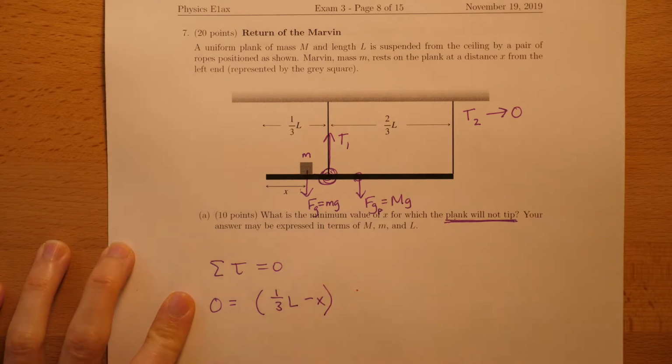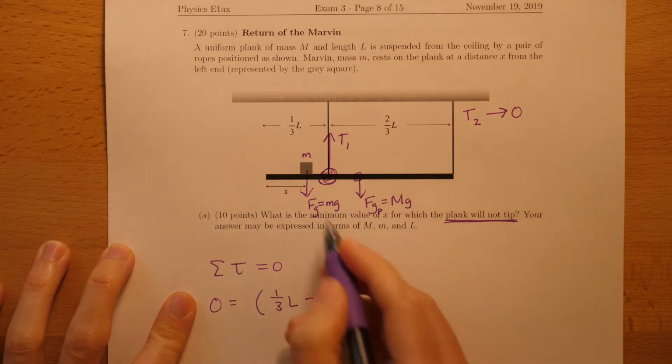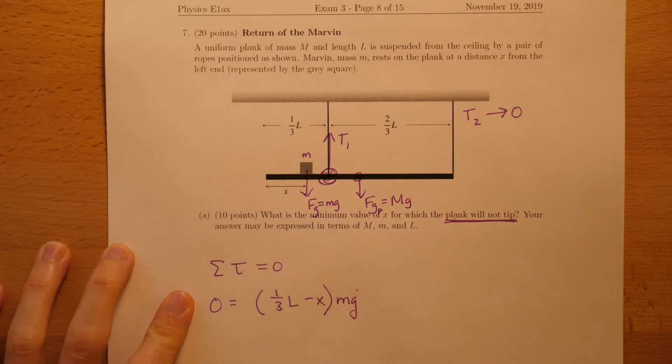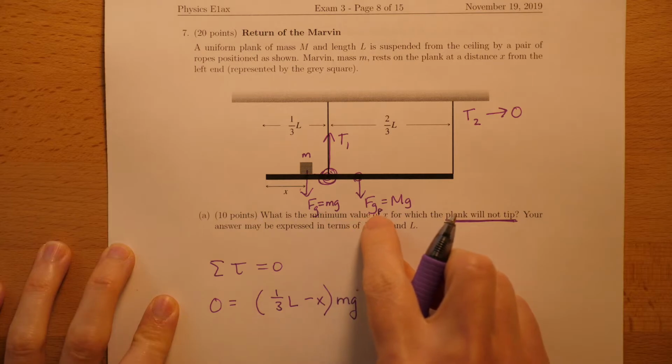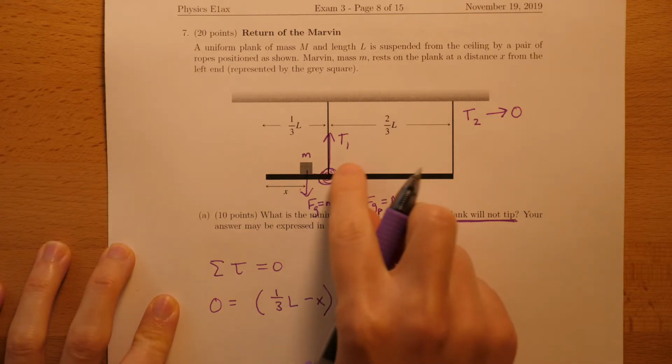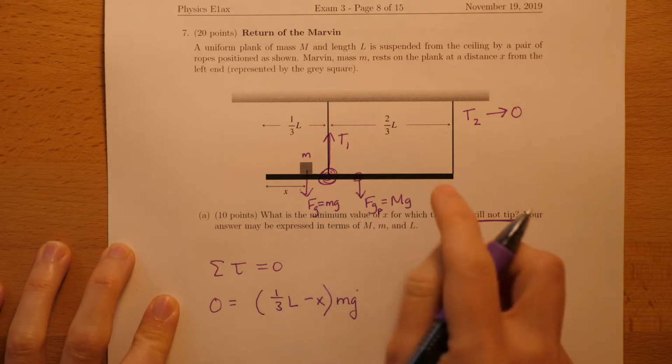So we have 1/3 L minus x times Marvin's weight, which is mg. Now the center of mass of the plank, we have to figure out what that distance is.